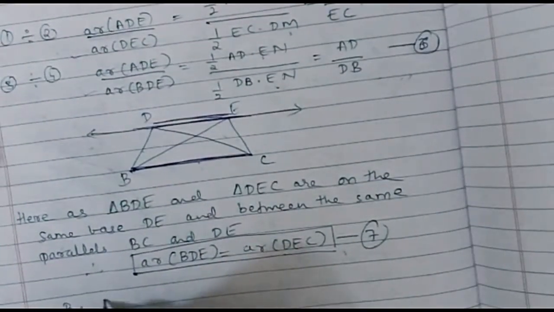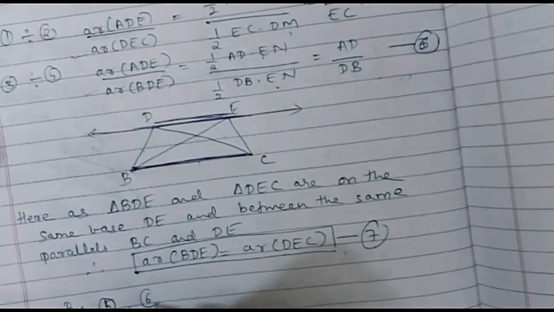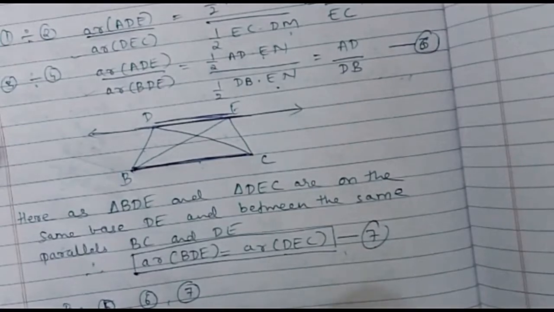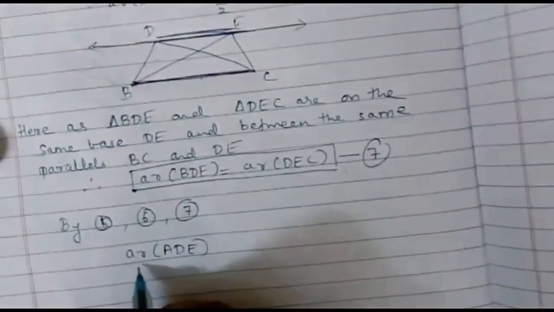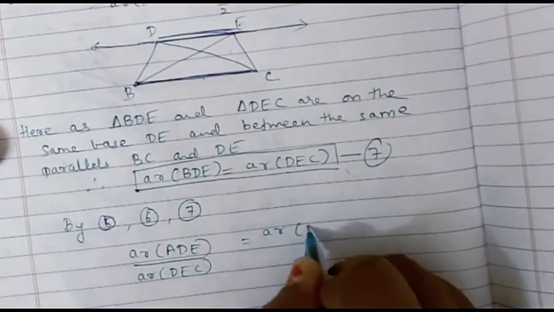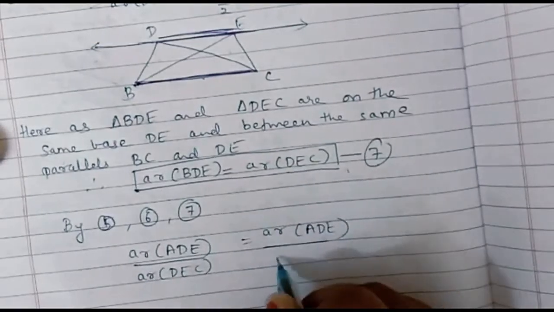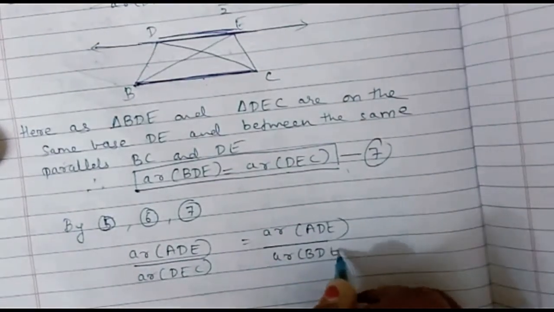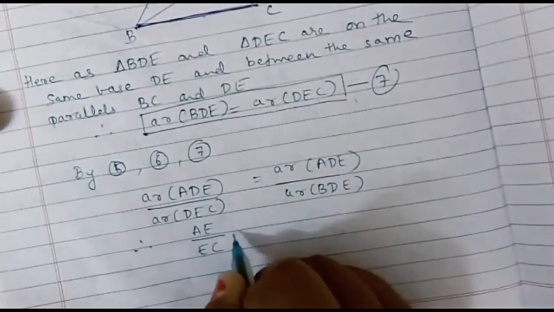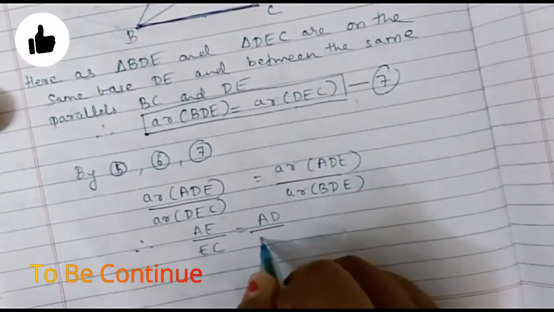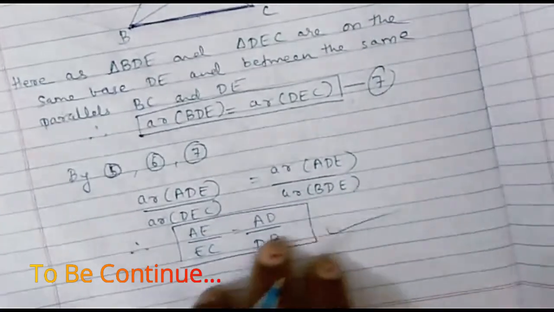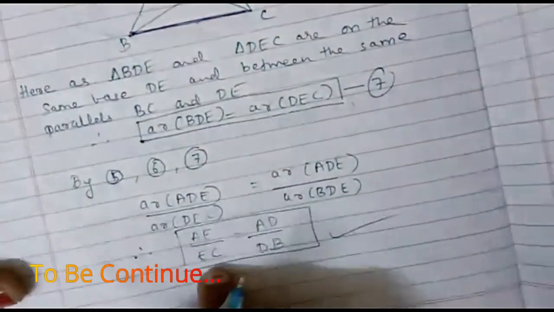So we get area of ADE upon area of DEC is equal to area of ADE upon area of BDE. So AE upon EC will be equal to AD upon DB, and hence the result is proved. Okay, and remember that the converse of this statement is also true.